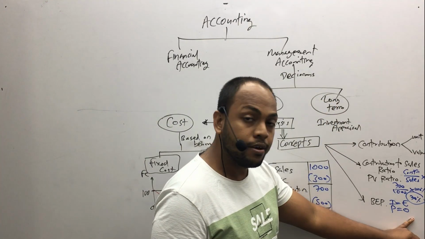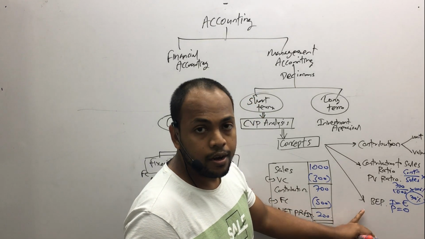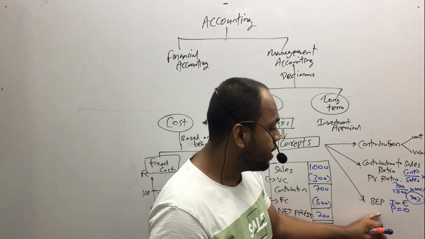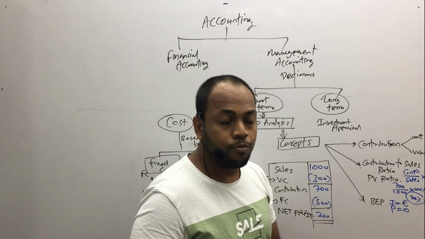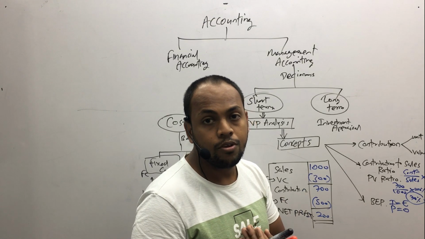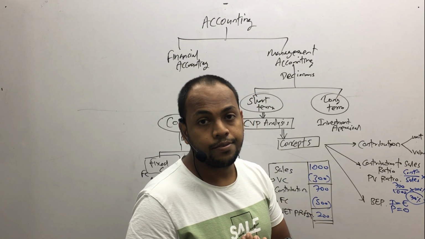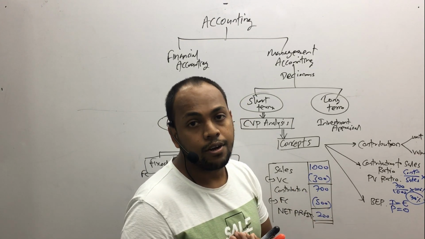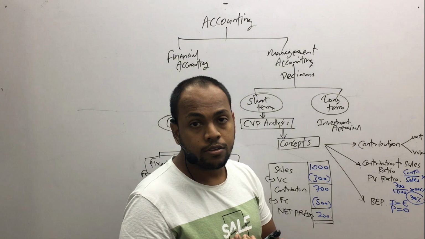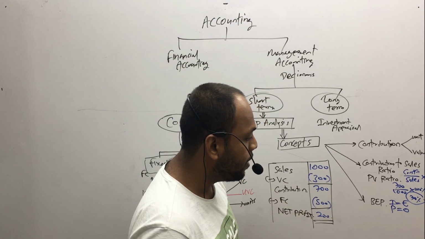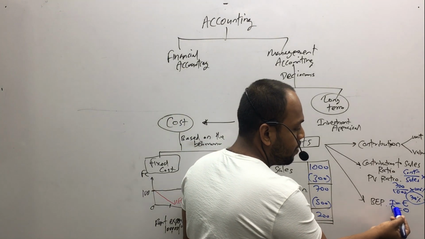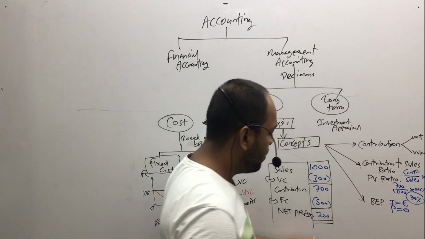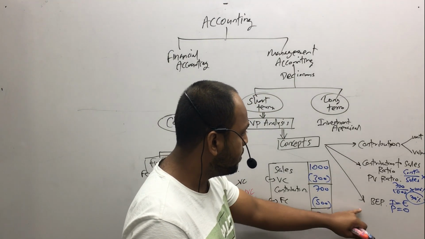To have zero profit, what should be the number of units that you need to produce? Break-even point is the minimum number of units you need to produce to survive. If you don't have this number of units, you can't even pay your fixed cost. So break-even point is where income equals expenses, or else your profit will be zero. That's the third concept.